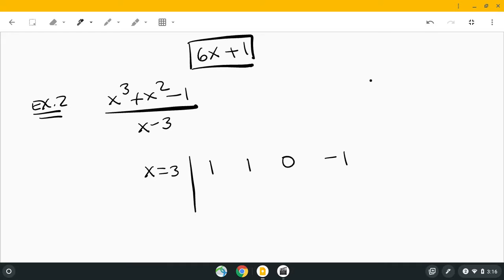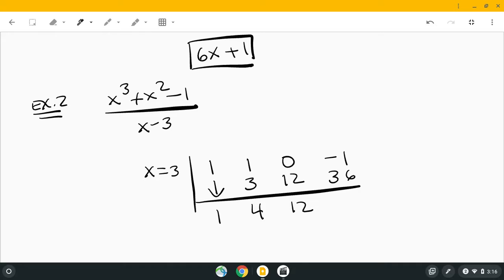Leave some space, bring down this first coefficient, 1. Multiply 1 times 3 is 3. Add them. Multiply 4 times 3 is 12. Add them. Multiply 12 times 3 is 36. Add them. And we get that.